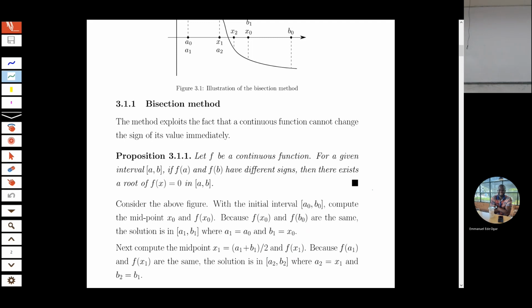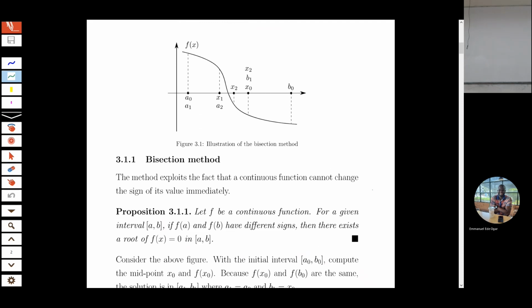For a given closed interval [a, b], if f(a) and f(b) have different signs, meaning one is positive and the other negative, then there exists at least one root of the equation f(x) equals 0 in this interval. The idea is very simple.